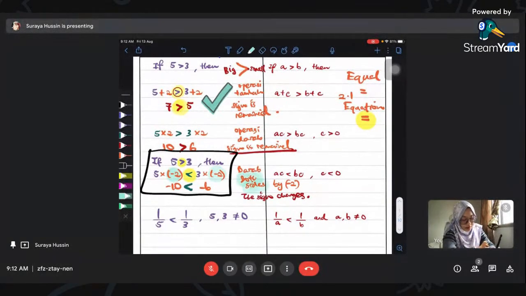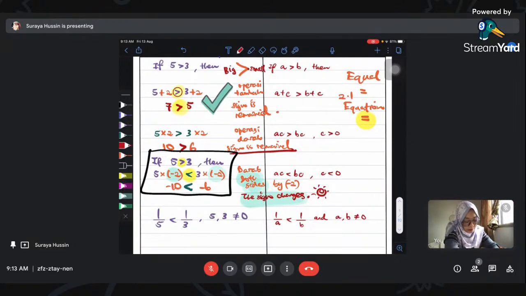Remember, both sides. But when it is one side, it also happens. Okay, later we will do a lot more exercises. Everyone must know that when we multiply by negative numbers, whether on the left, the right, or both sides, the sign must be changed. Take note of this. This is the most important thing in inequality.